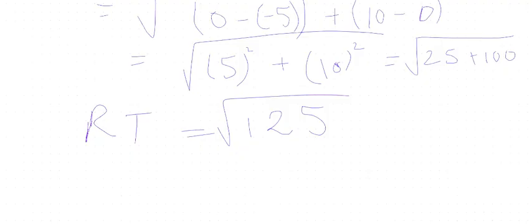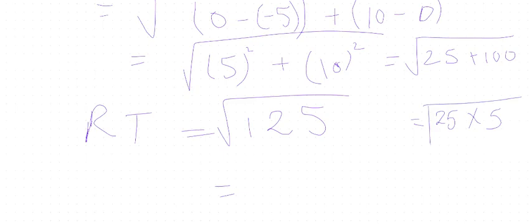So how can we write it like that? We have 25 multiplied by 5, which gives 125. And the square root of 25 is 5.